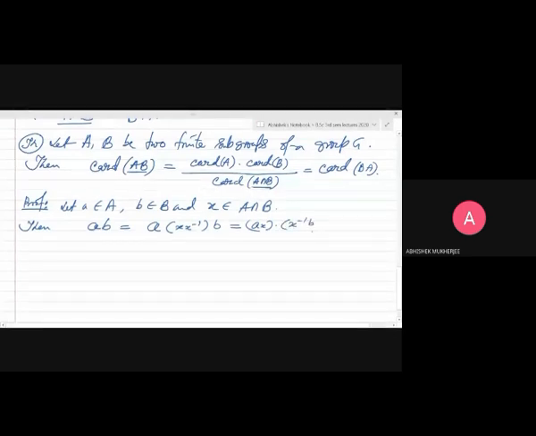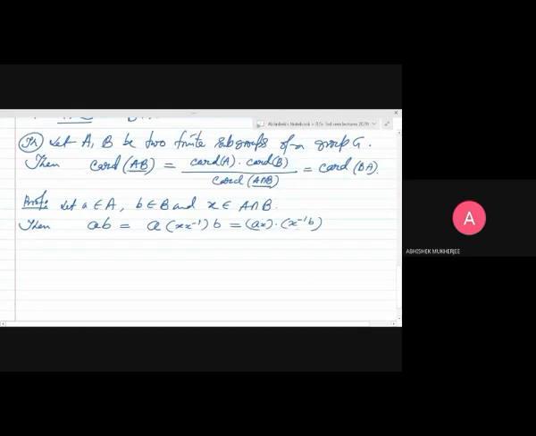Now, if you look at these two elements, you will see that this x is in A intersection B. That means it is in A and B also, both.